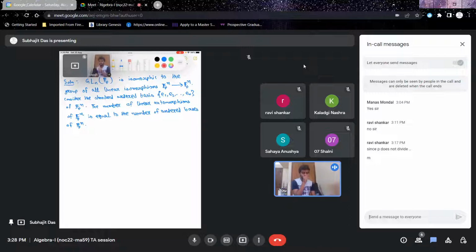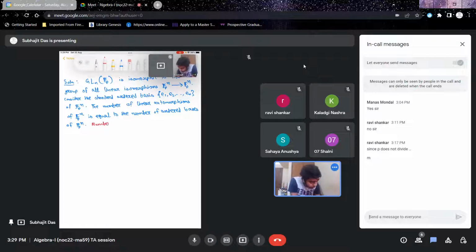So the number of ways of choosing a non-zero vector is, you have total p to the power n elements, and you have exactly one zero vector, right? So the number of non-zero vectors is p^n minus 1, and hence you can choose a non-zero vector in p^n minus 1 ways, right?